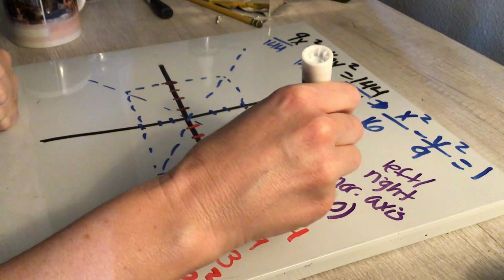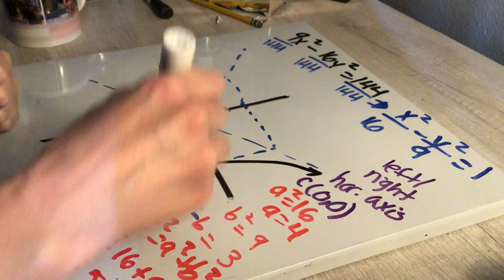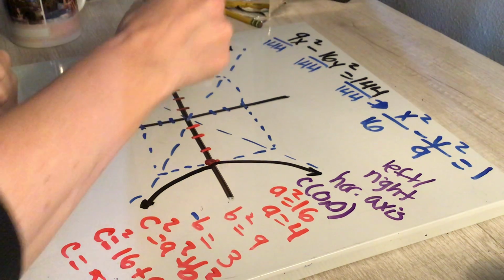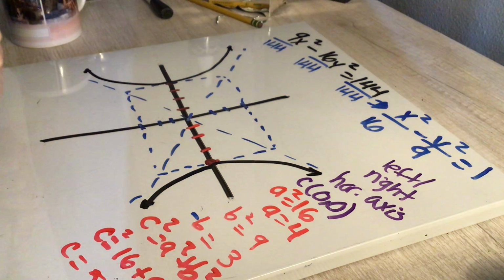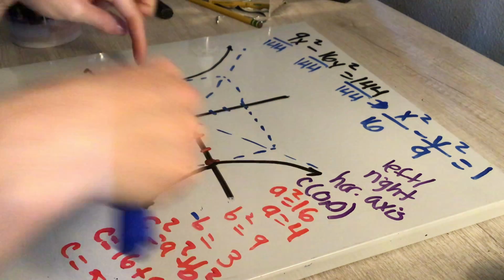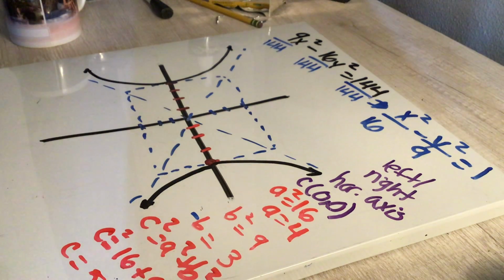So getting closer to those diagonals, we get our hyperbola. The black curves are the hyperbola. These are just the asymptotes to help us guide it, so we don't have to pick points, because that gets a little more challenging with a hyperbola than other graphs. Okay?